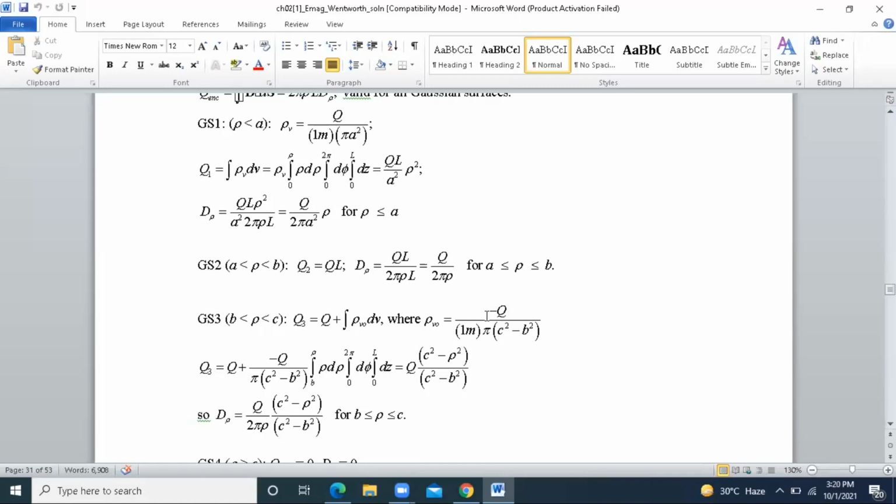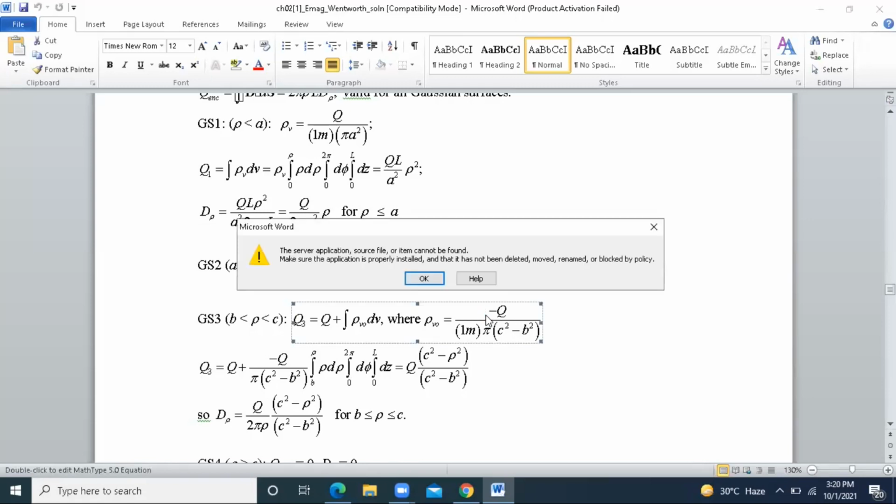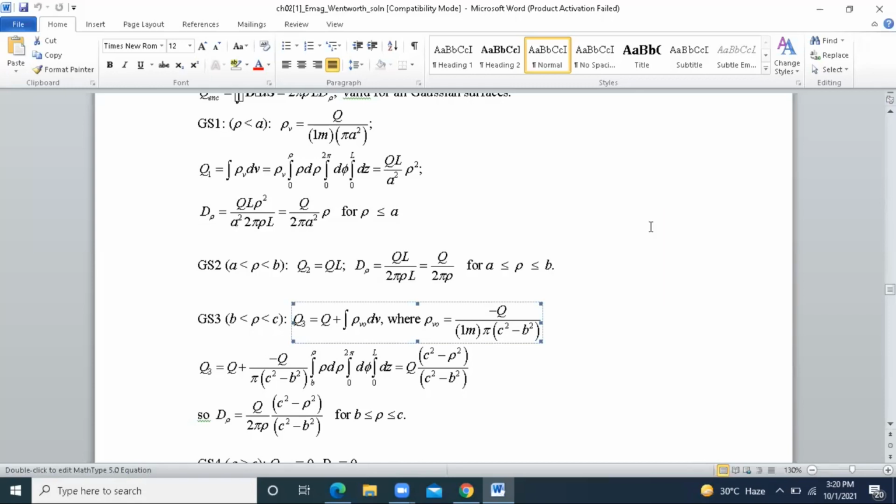So both for GS2 and GS3. Actually you're correct, we have a GS4 too. But I think this is pretty straightforward.